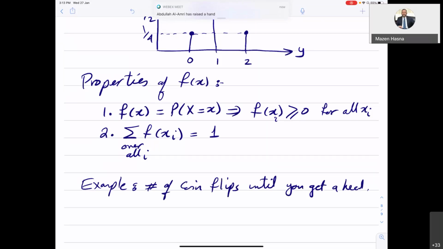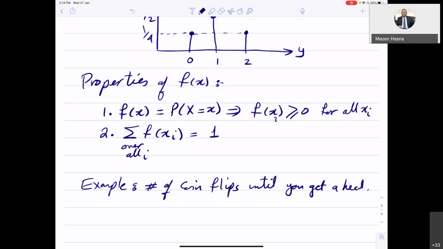Abdullah, go ahead. Doctor, can we use this with the car example above, the previous example? You can use what? These properties. Of course, any properties for sure. Probability. You have, for example, your random variable has two options, right?